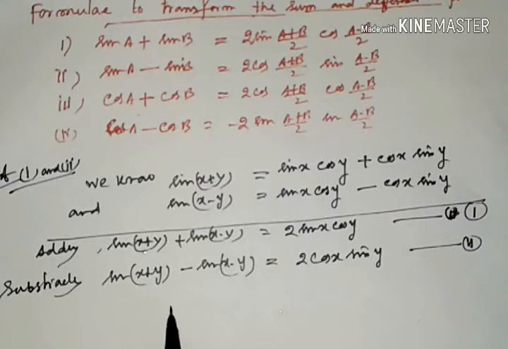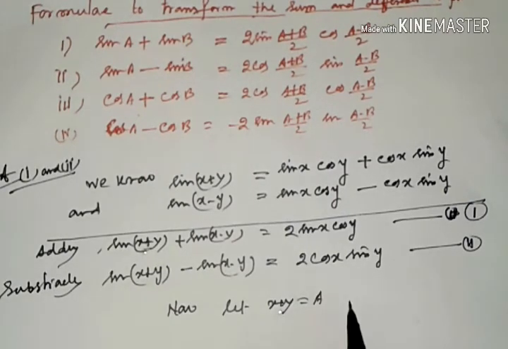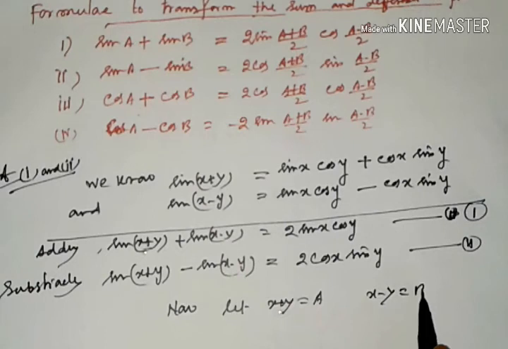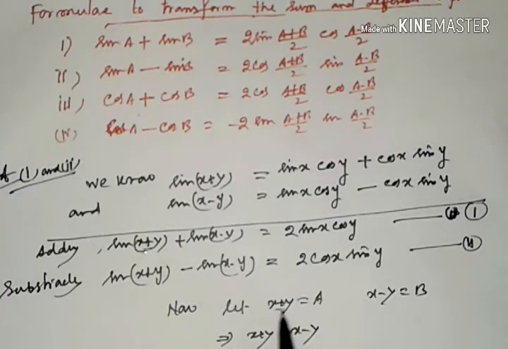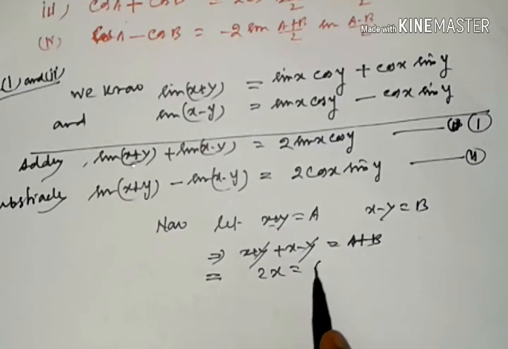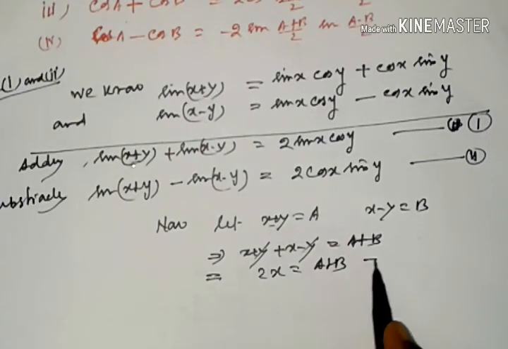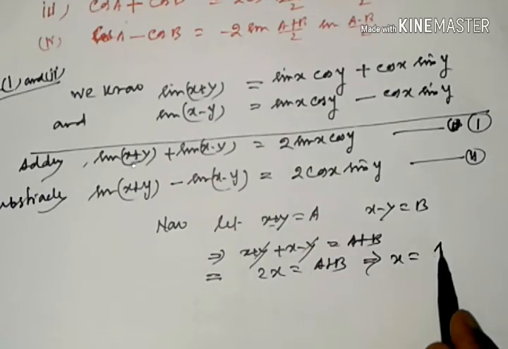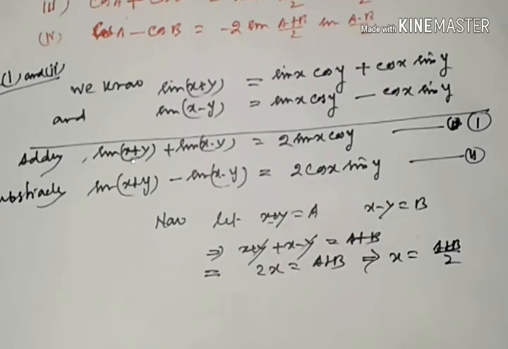Now let x plus y is equal to a, and x minus y is equal to b. If we add x plus y and x minus y, y cancels. This implies 2x is equal to a plus b, so x is equal to a plus b by 2.